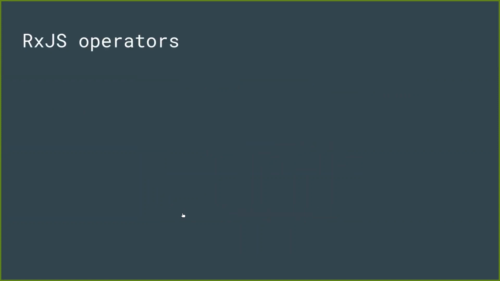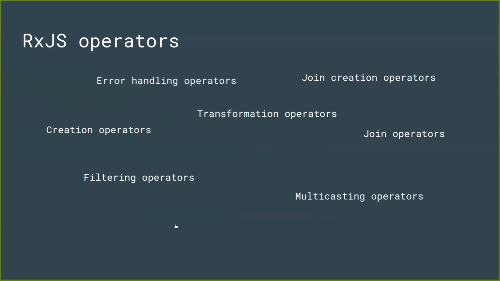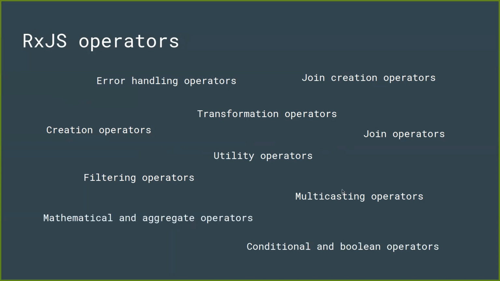RxJS operators are grouped into categories by their purpose. So those categories are creation operators, join creation operators, transforming operators, filtering operators, join operators, multicasting operators, error handling operators, utility operators, conditional and Boolean operators, mathematical and aggregate operators.